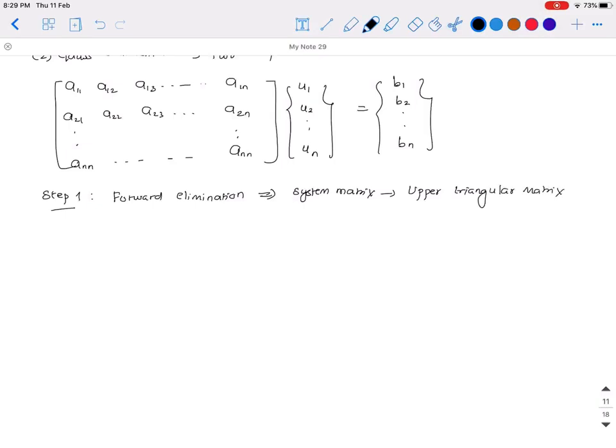So this equation system becomes something like this: A11 dash, A22 dash, A33 dash, and so on to AN dash on the diagonal. By dash we mean the magnitude of these coefficients is modified in this process.